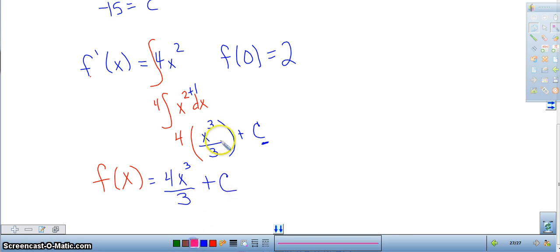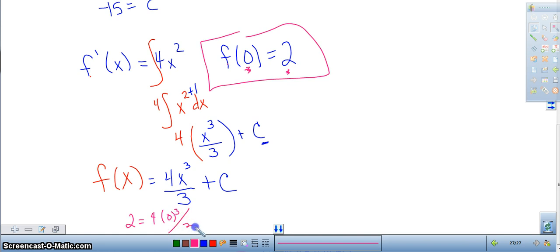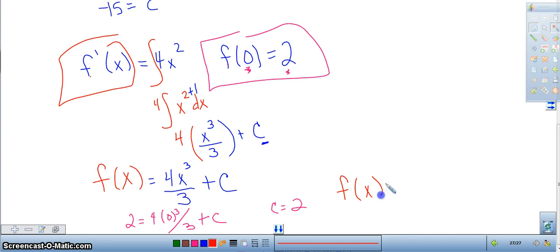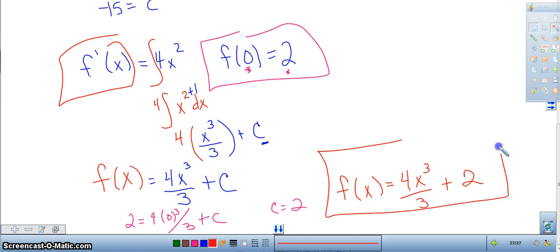To find c, I have to use this other piece of information, which was when x equaled 0, my function equaled 2. So 2 equals 4 times 0 cubed over 3 plus c, so c equals 2. If I know the derivative and I know a point, I can find my original function, which is f(x) equals 4x cubed over 3 plus 2.